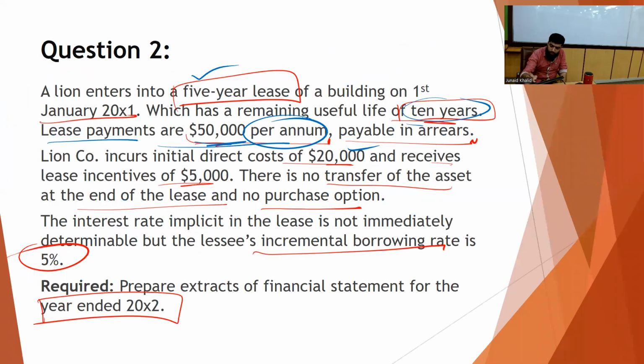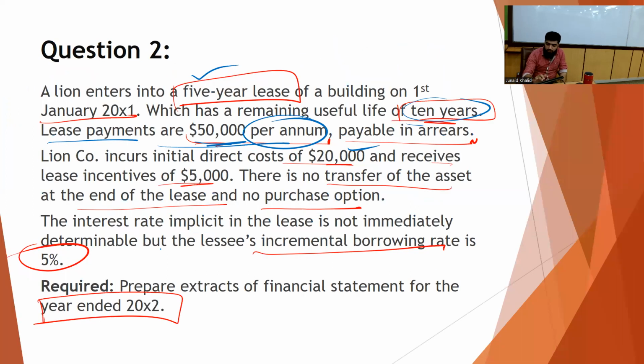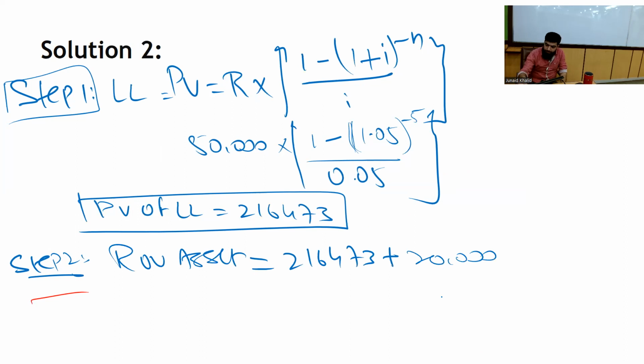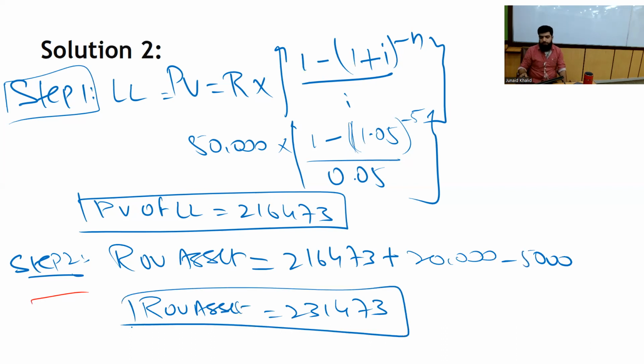Yes, there is indirect cost of 20,000, so we add this, and the lease incentive will be deducted. 216,473 plus 20,000 minus 5,000 makes 231,473. That is the value of right of use asset that will be recognized in the initial balance sheet.